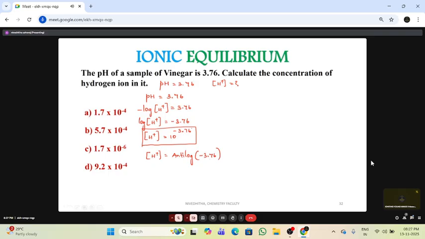So how can we do that? Listen here. H plus ion concentration is equal to anti-log of minus 3.76. The first step is to split this value. So split the number like this: minus 3 minus 0.76. So what is minus 3 minus 0.76?